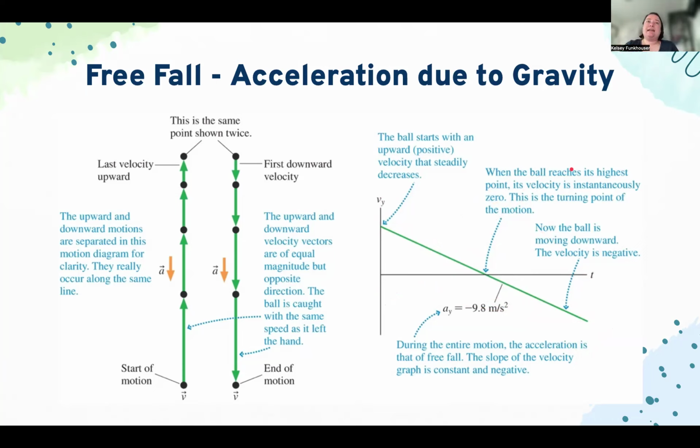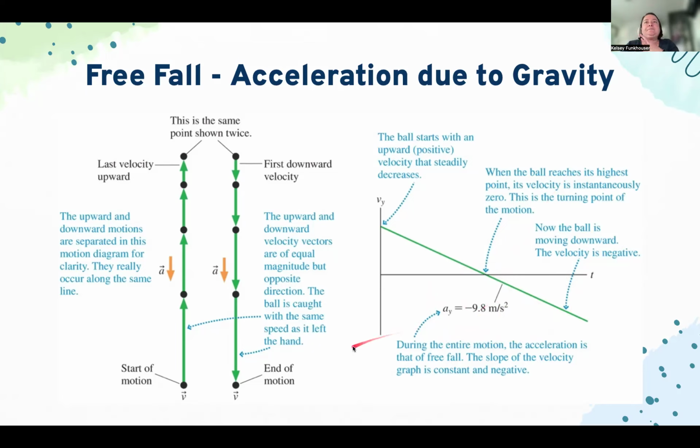The main idea here is that when you're dealing with this vertical motion, the acceleration is gonna be negative and it's gonna be constant the whole time. It's gonna be this negative 9.8, which is the free fall acceleration, or the acceleration due to gravity near the surface of the earth.